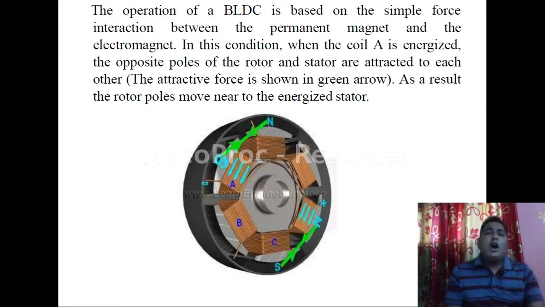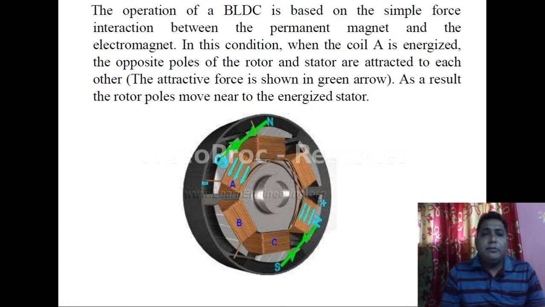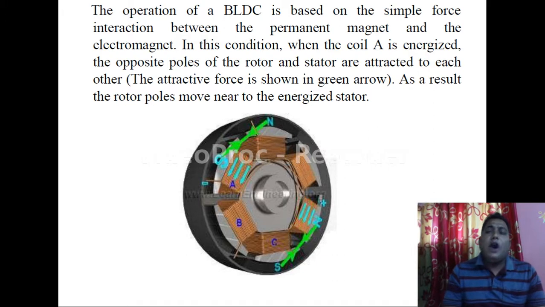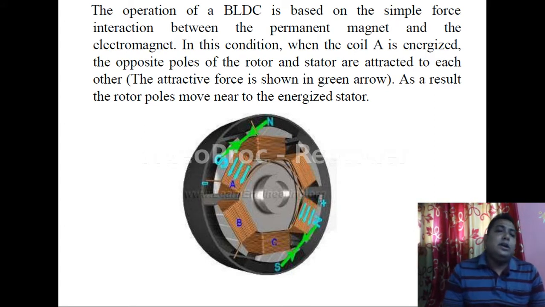The operation of BLDC is based on the simple force interaction between the permanent magnet and the electromagnet. When the coil is energized, the opposite poles of the rotor and the stator attract each other. As a result, the rotor poles move near to the energized stator.